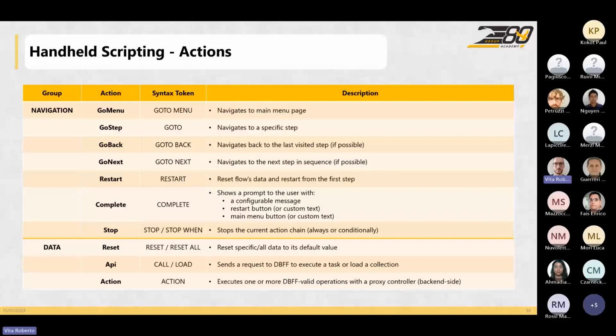Or we can execute one or more Dynamic-BFF valid operations, all the syntax that Mattia explained before, with the action syntax token. So with this action, with this syntax token, we are creating a proxy controller automatically, and it's called automatically. And so these operations are executed at the backend side.